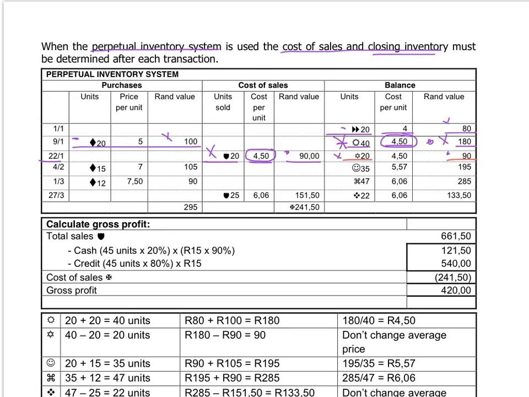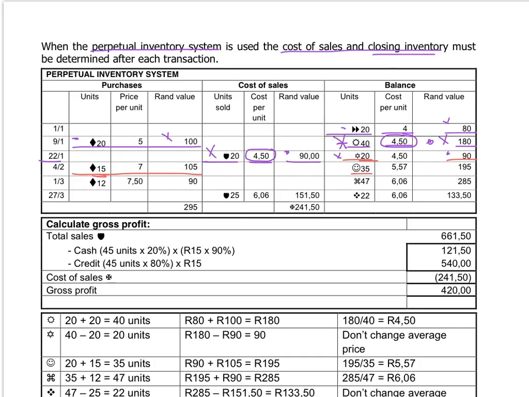Then on the 4th of February, we buy 15 units for 105 Rand. Now, when we buy, we have to work out the weighted average price again. So I will take this 20 units that I had plus the 15 units that I bought, and I say now I've got 35 units.